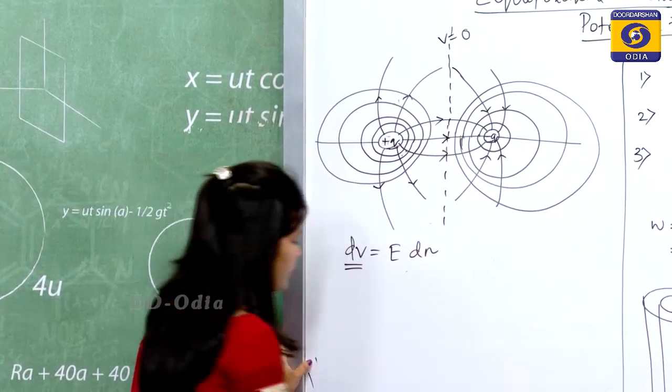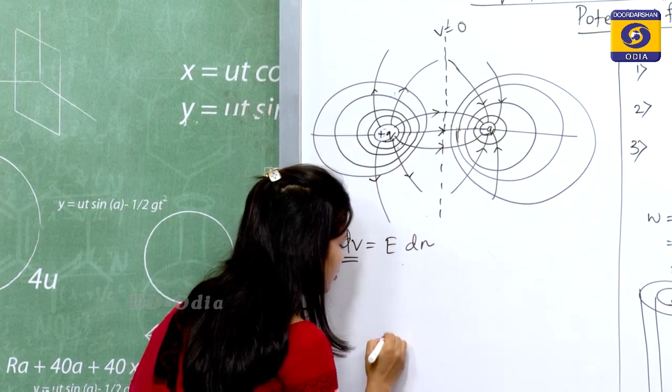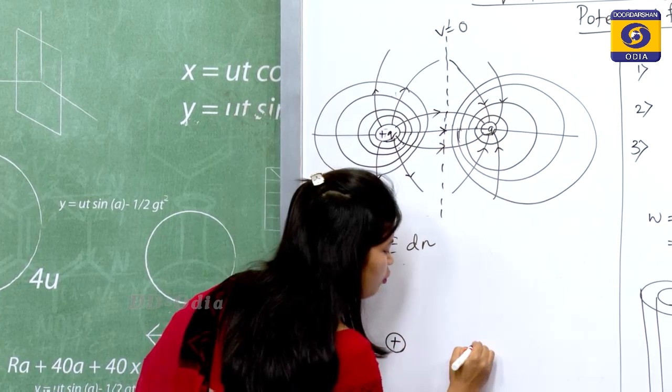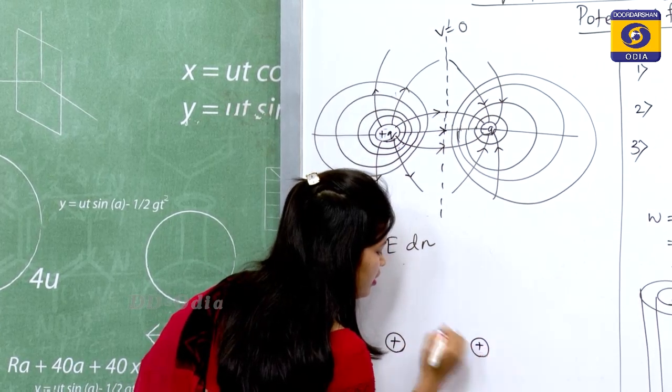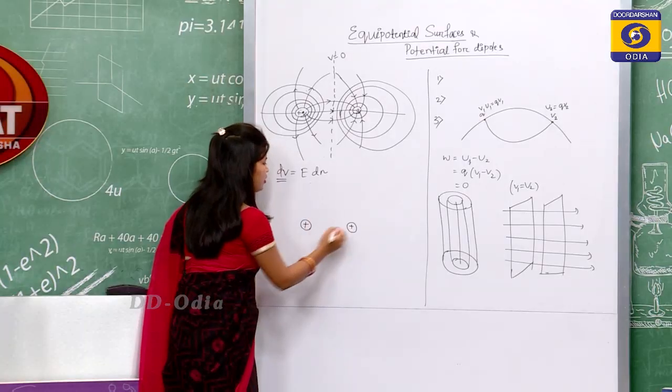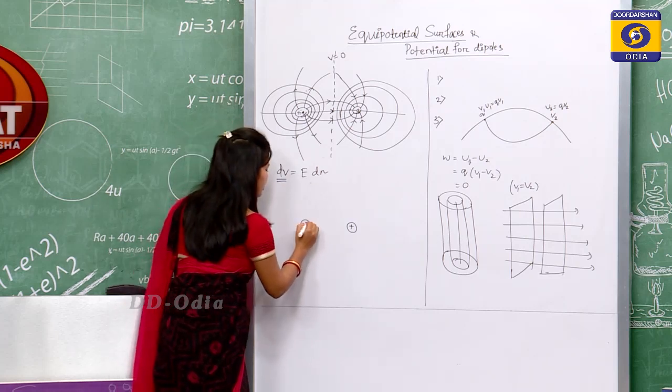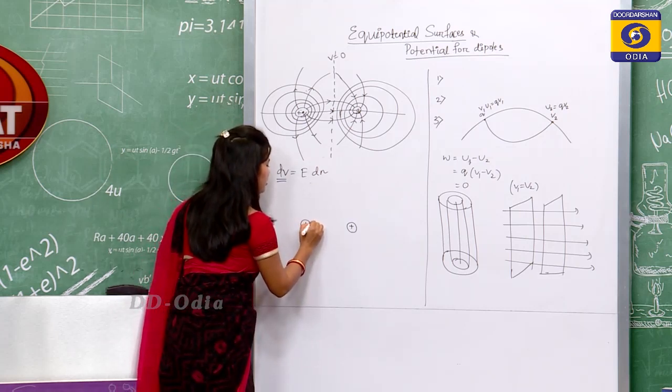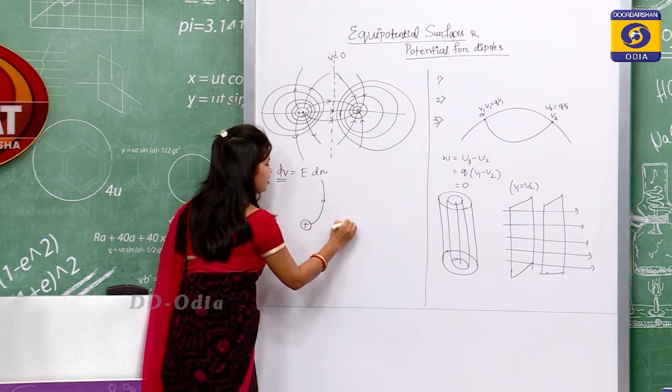Now, we will discuss what are the shapes of equipotentials for two positively charged, equally positive charges, and for them the electric field lines are like this.